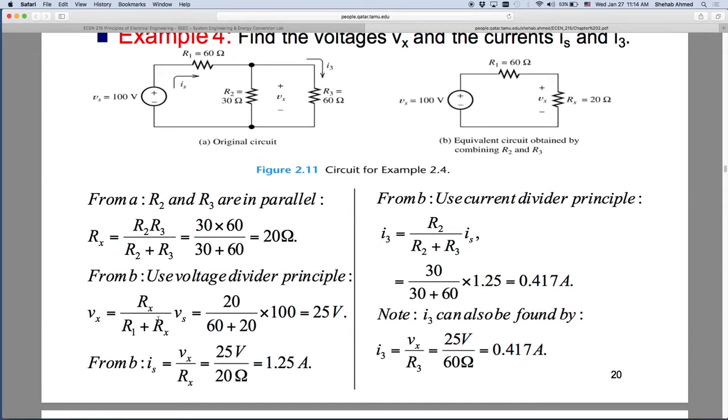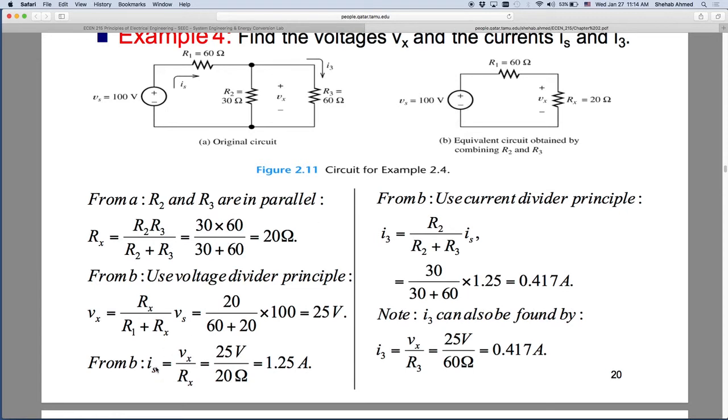Here we didn't save too much time because it's a simple network, right? But you could have found Vx in a different way using the voltage divider rule. After you found Vx, they did the same. After that, you have to do the same thing.